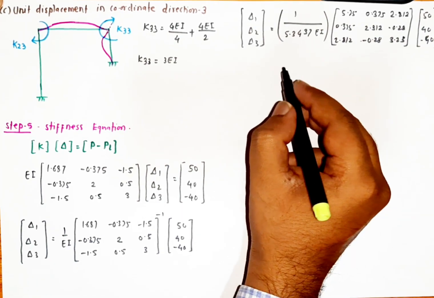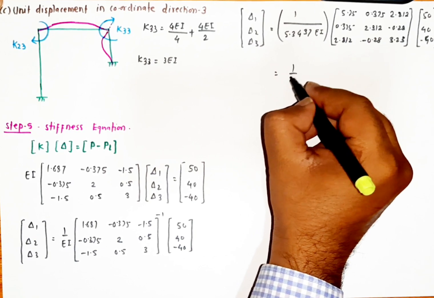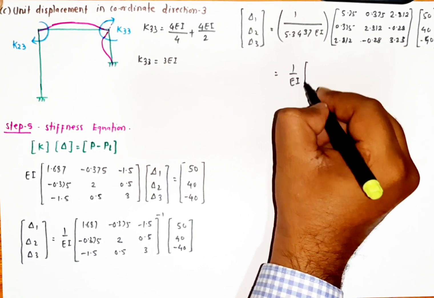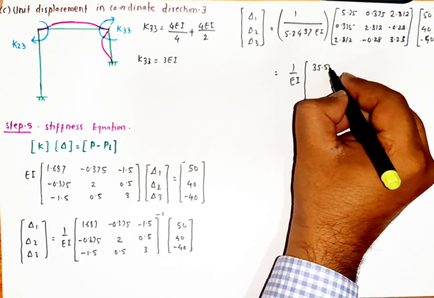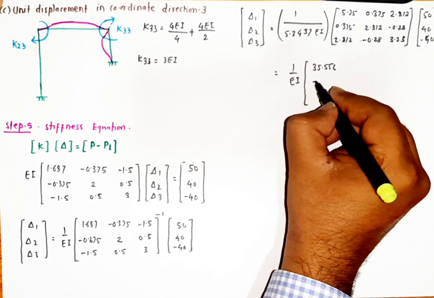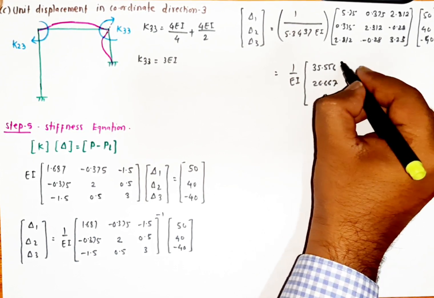So using this we can get the value, that is 1 upon EI into 35.556, then 26.667 and 0.